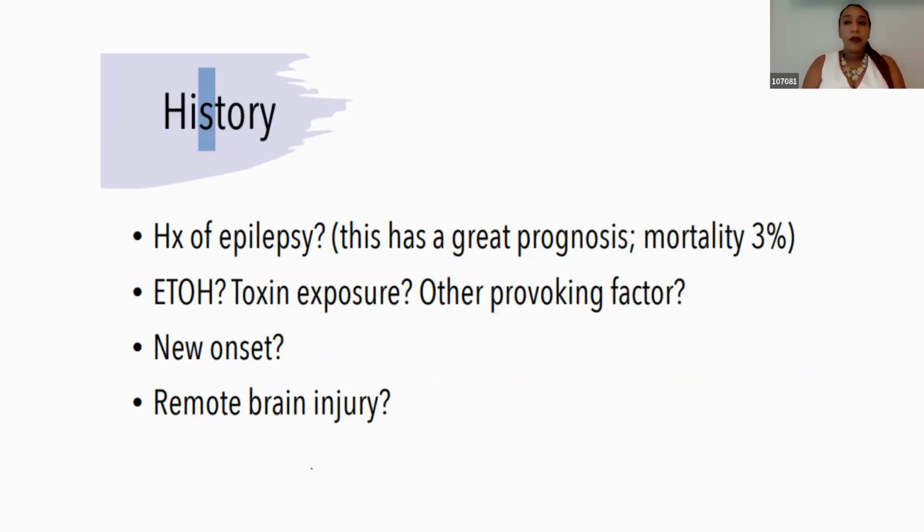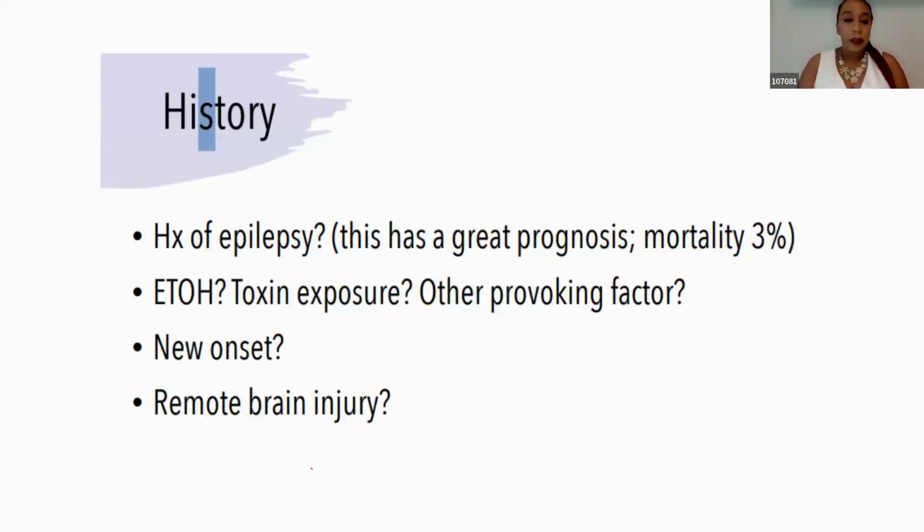So again, history of seizures. This has a great prognosis, meaning if a patient has seizures and then they come in with seizures, you treat them as quickly as possible, their mortality rate is very, very low. Versus a patient that comes in unknown, we don't know why they have a seizure, they've never had a seizure, we scan them, we don't see anything, their mortality rate is higher. And then try to find out, are there any provoking factors?